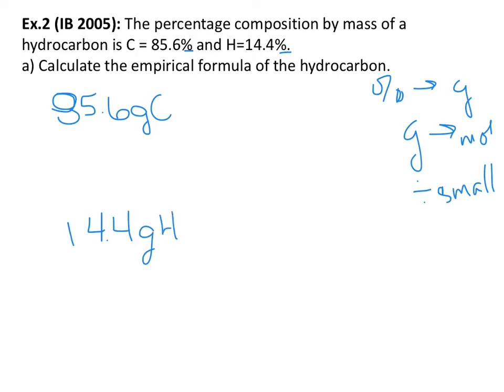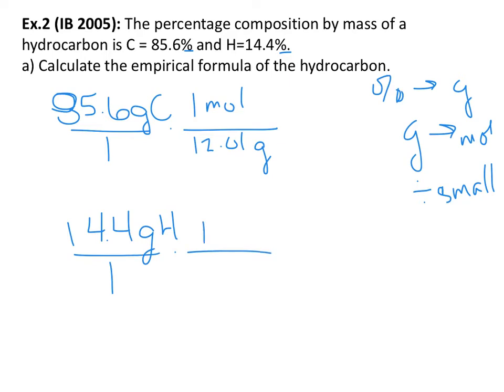But we can't compare gram to gram, so our first step is to convert to moles. So 1 mole on top. The molar mass of carbon is 12.01 grams. For hydrogen, the molar mass is 1.01. And so for carbon, that is 7.13.